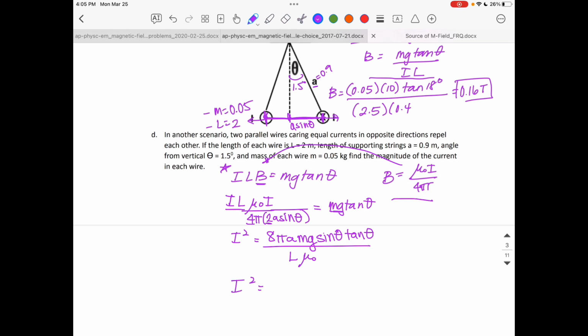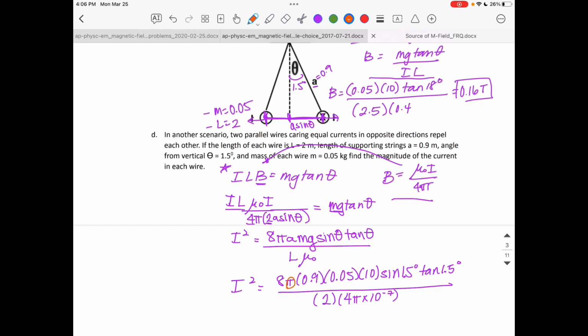I get I squared is equal to 8 pi. A is 0.9, mass is 0.05. Gravity, I'm going to use the value of 10. Sine of 15 degrees times tangent of 1.5. The length of the wire is 2, and mu naught, this is in your equation sheet, is 4 pi times 10 to the negative 7. So you can see that the pi's are going to end up canceling out.